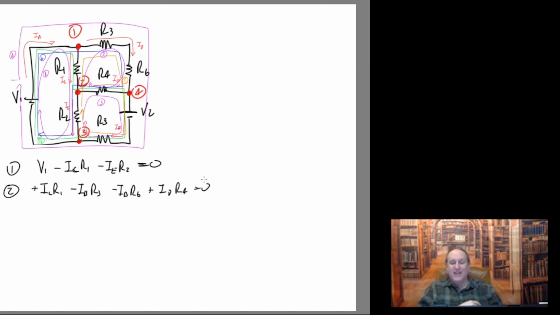So we're going against the current for R1. We're going with the current for R3 and R6. And then we're going against the current again for R4. So against the current gets a plus sign, with the current gets a minus sign.